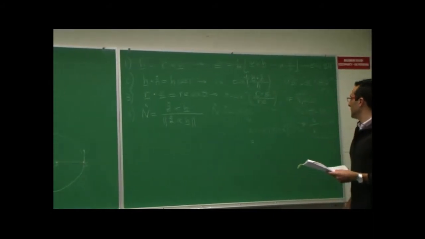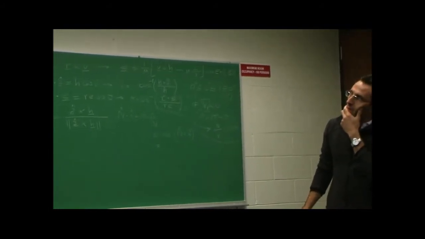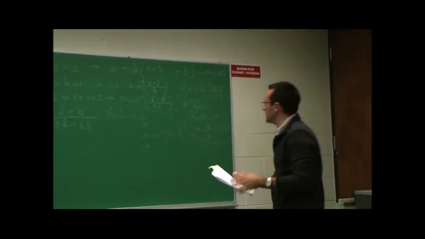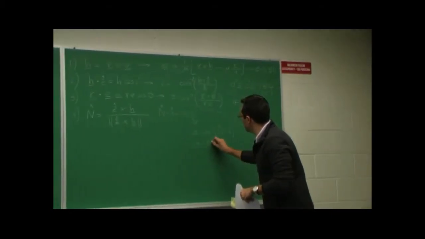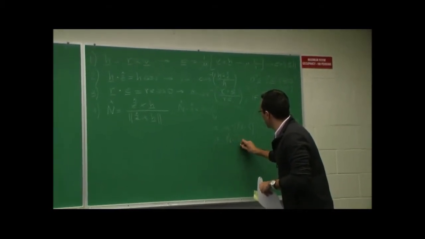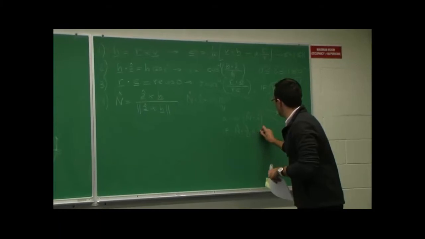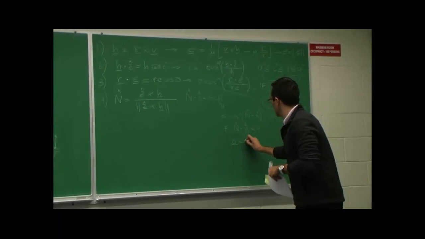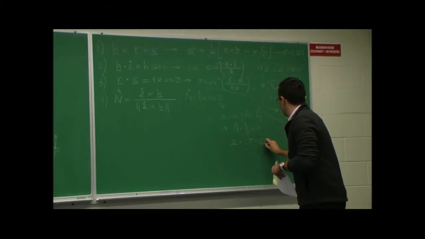And past that is not going to make a difference. If I pass that point, this is still going to give me between 0 and pi. So if I want 0 to 2 pi, what am I going to check? I'm going to check that, for example, the dot product between n and the y direction is negative. If this is negative, then you do the usual 2 pi minus omega.